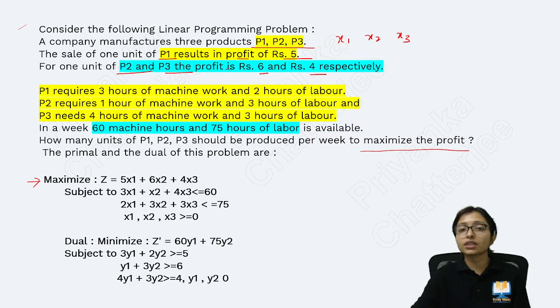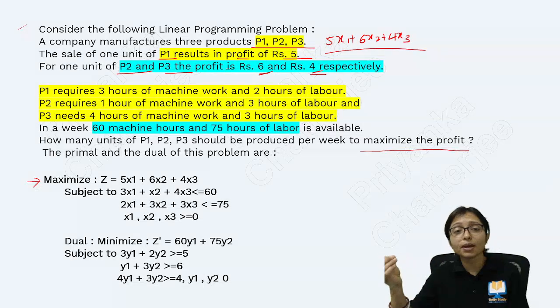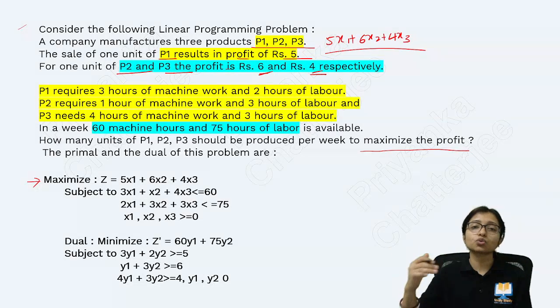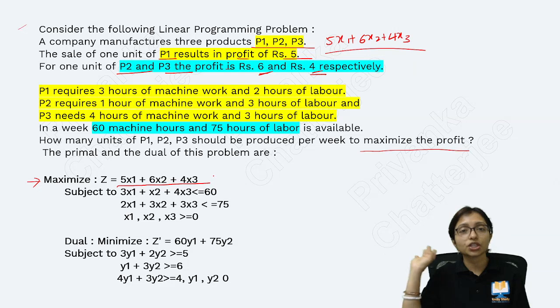So with the coefficient of x1 I can put 5, with the coefficient of x2 I can put 6, and with x3 I can put 4. That is my equation simply, because these are my profits. So we will add the coefficients, and we will get the maximize equation, that is the max Z equation.